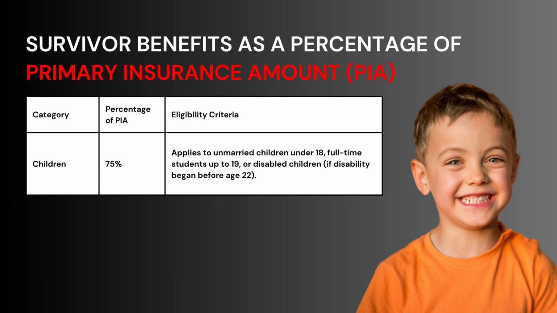Dependent children would receive 75% of the deceased's PIA amount. Dependent parents are eligible to receive 82.5% of the PIA for a single surviving parent of the deceased worker, or 75% each if there are two parents.